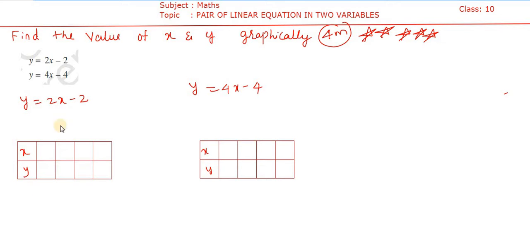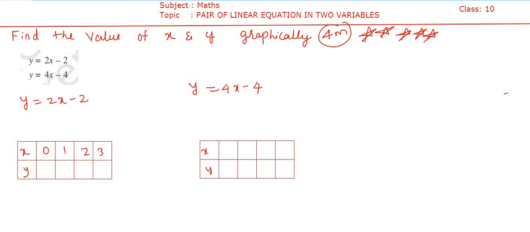Now we need to give the values for x, and you'll get the value of y. Usually you can give any values from 0 to infinity, or even decimal numbers, whatever it may be according to the problem. Now I'll give whole numbers like 0, 1, 2, 3.